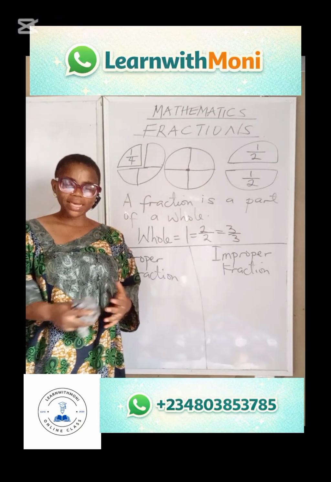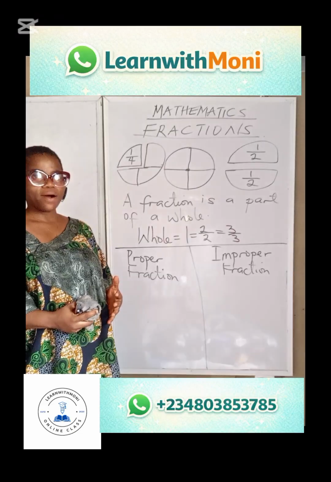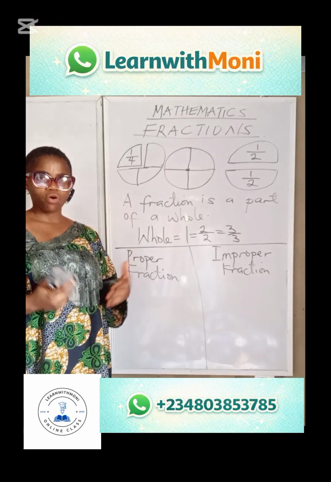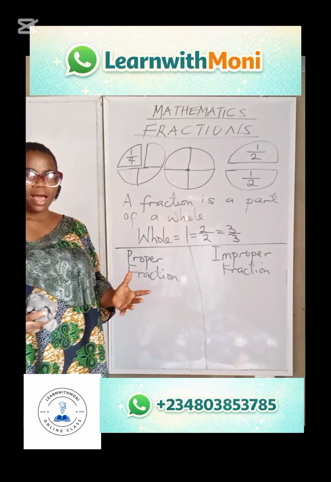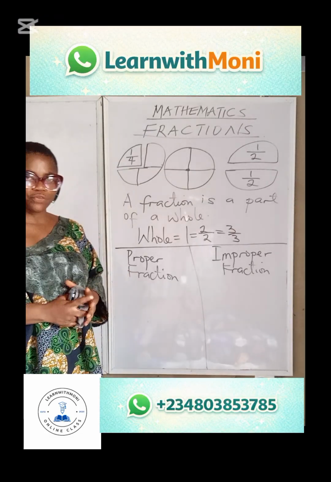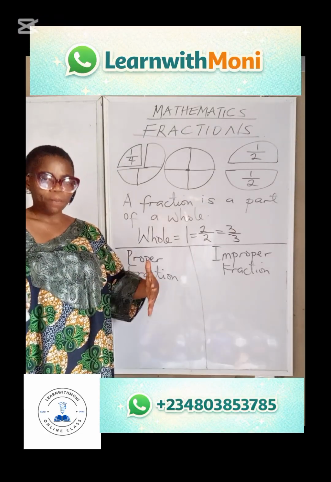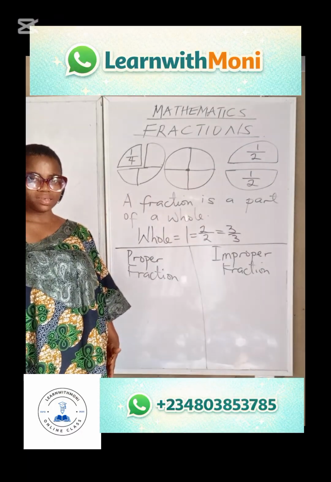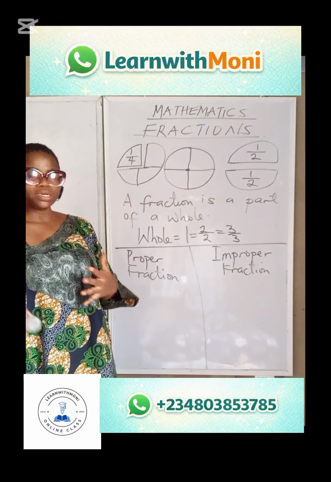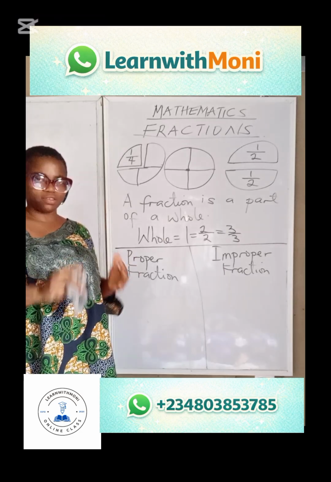Like when you are in a car or in a bus, in a public commercial bus with your mom or your dad, and there is just one seat for both of you. It is expected that your parents should sit and put you on their leg. Is that not it? When a bigger one is carrying a smaller one, that is proper.